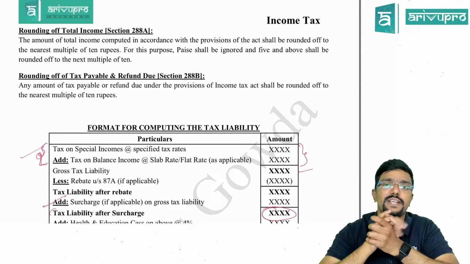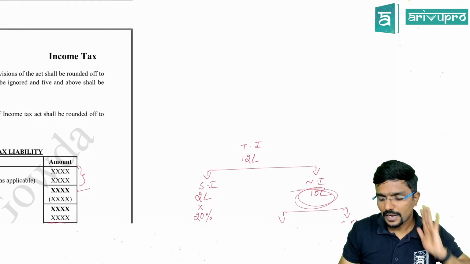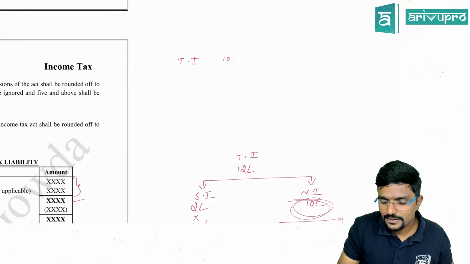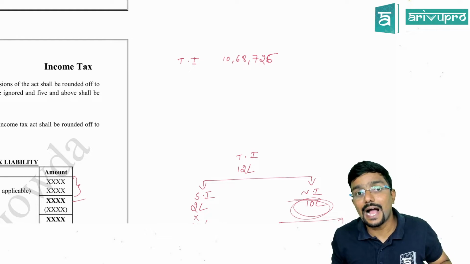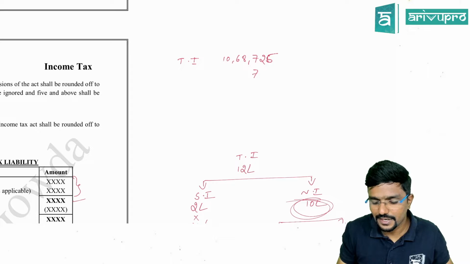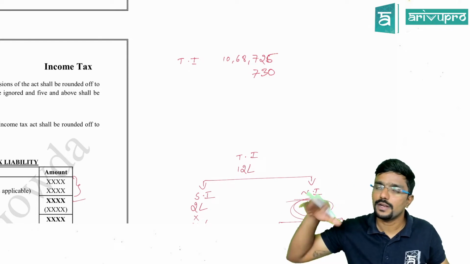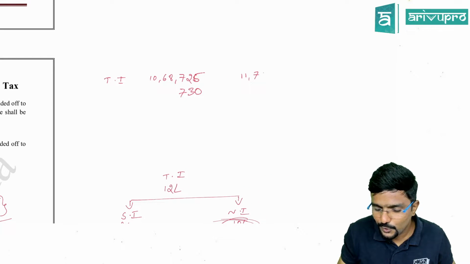For example, let me take some rough figures. Assume my total income after computation is 10,68,725. I have to round it off to 730. With 5 or more, it goes to the next 10. Same way, assume I got 11,72,722.